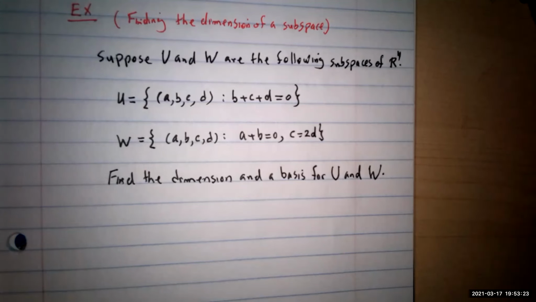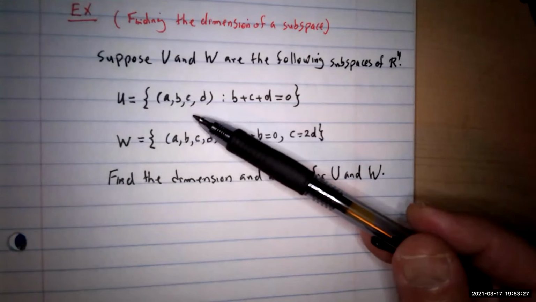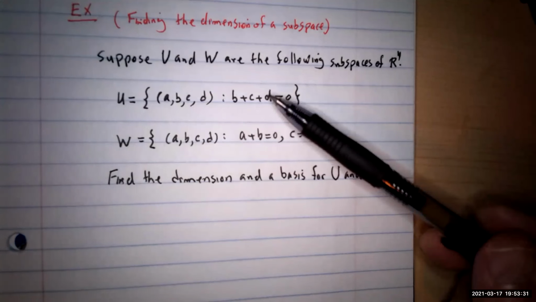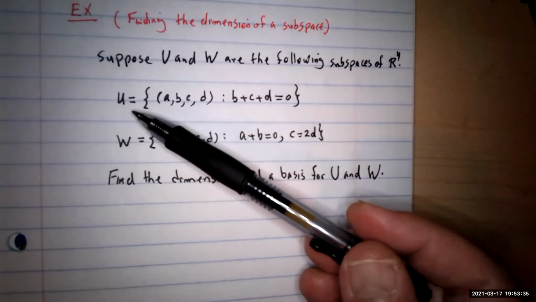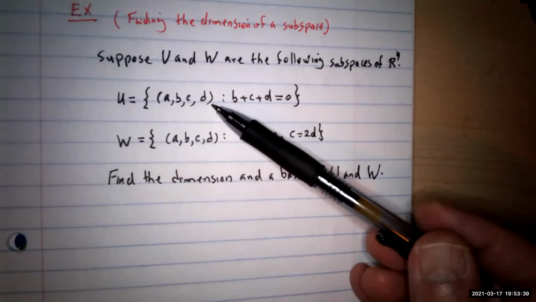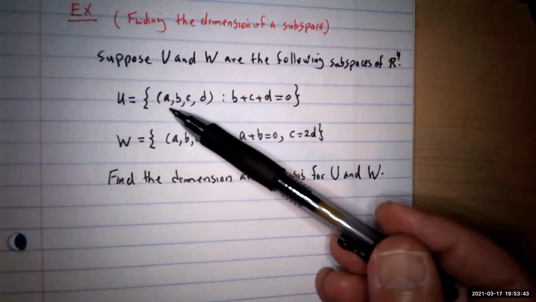So how are we going to find it? You have to find the relationship between A, B, C, D. If you want to identify a member of U, you need what? A, B, C, D. There are 4 unknowns. So what do you have?